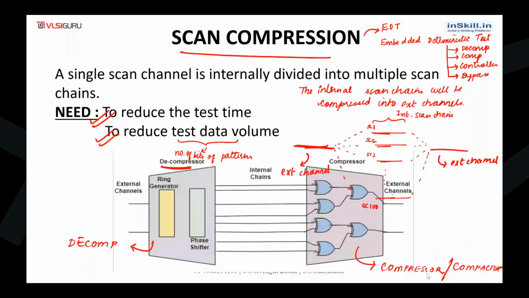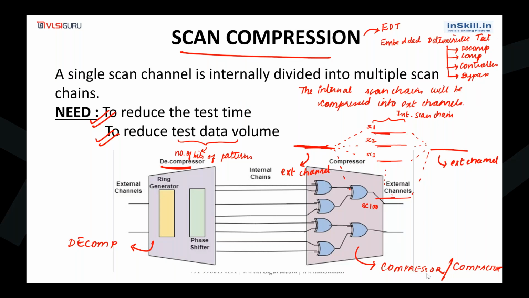Okay. So if you're making use of a Mentor Graphics tool, then in order to achieve scan compression, you will be adding a logic called the EDT logic. The full form of EDT is Embedded Deterministic Test. Inside the EDT logic, you'll have components like decompressor, compressor, controller, and bypass logic.